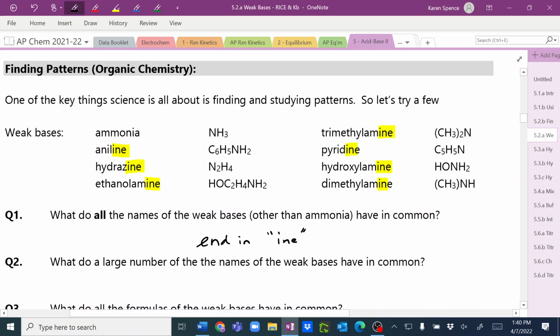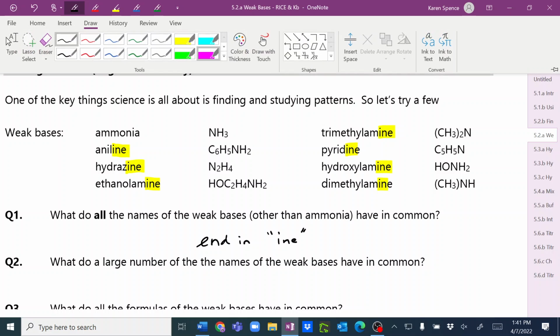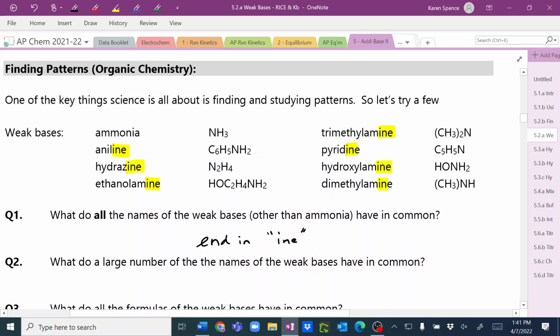Okay, they all end in "ene." What do a large number of the weak bases, the names of the weak bases, have in common? Not all of them, but a large number. In addition to the "ene," we can go a little further, and we can say a large number of them have amine.